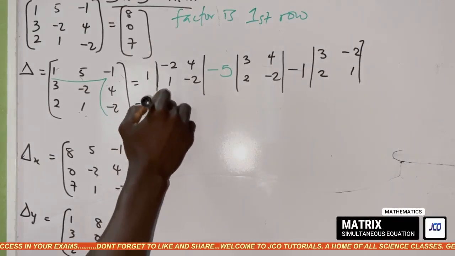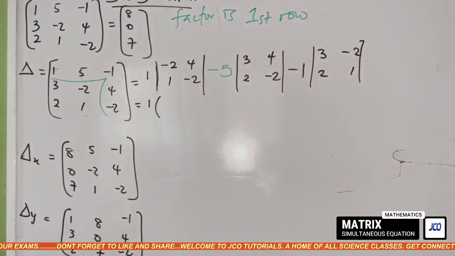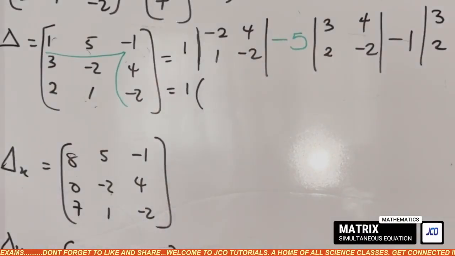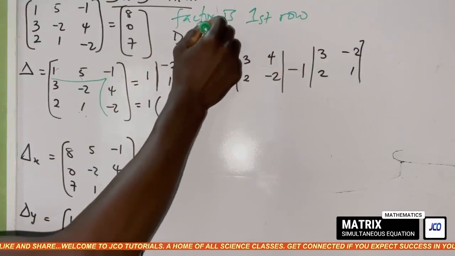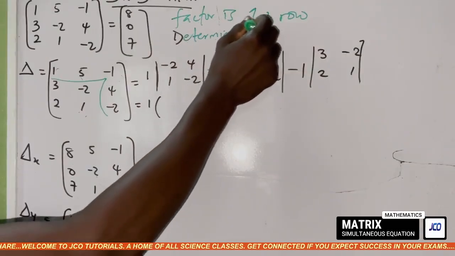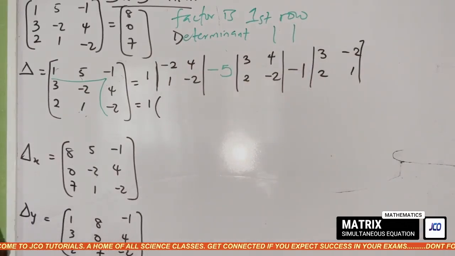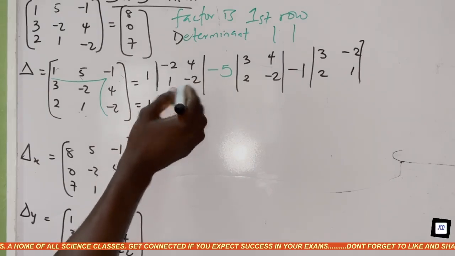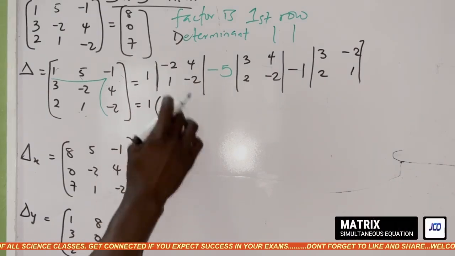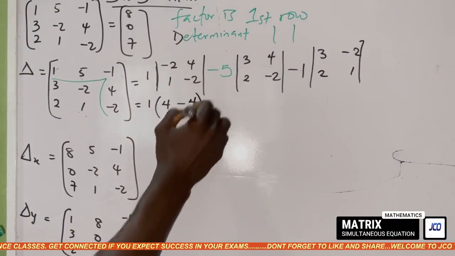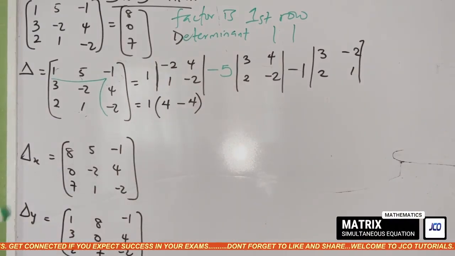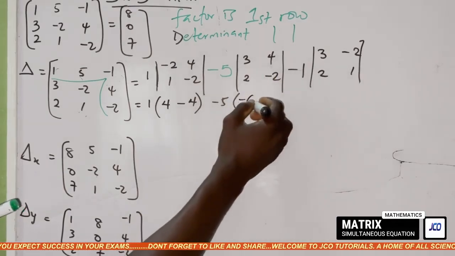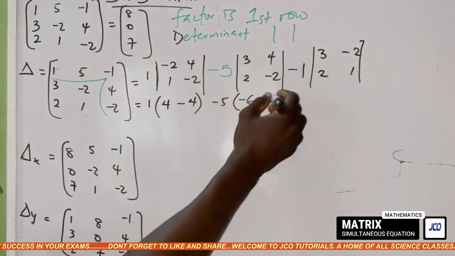Then we will now go on to solve this. 1, open bracket, find the determinant of the matrix, please take notes. Minus 2 times minus 2 is 4, minus 1 times 4 is 4. It's gone. You have minus 5, open bracket, 3 times minus 2 is minus 6, minus 2 times 4 is 8.